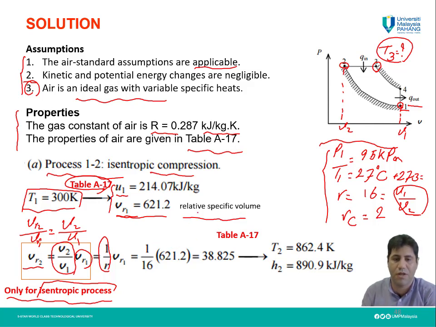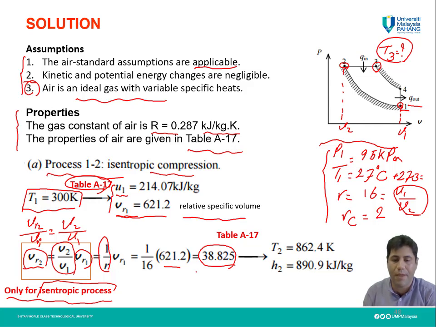Relative specific volume is dimensionless, and its role is as a property to find the other thermodynamic properties of different substances from the table easily, if you remember from thermodynamics. So 1 divided by 16 times 621.2 gives us this amount of relative specific volume for state 2. So we found VR2 for state 2.